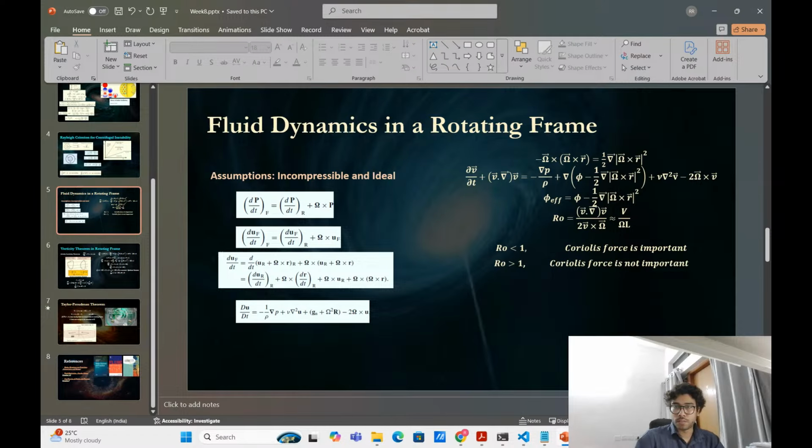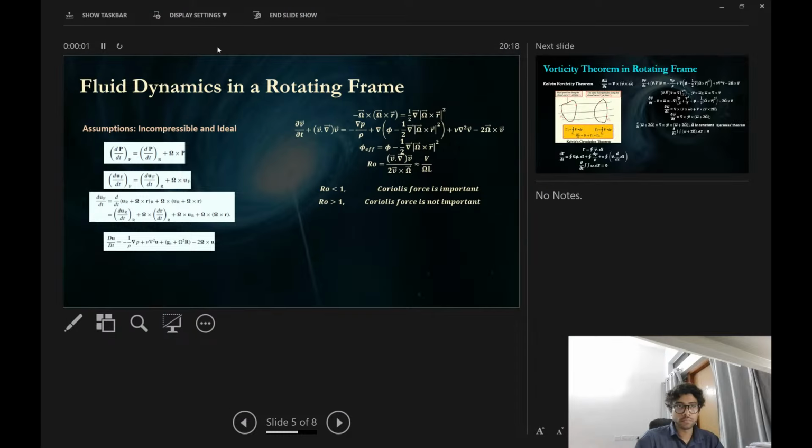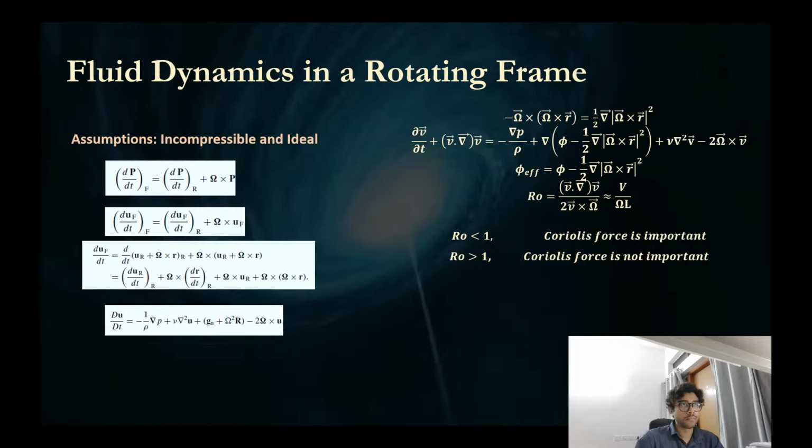All right. So now we saw that. Now we can replace this omega cross r with this term, and the thing that we get is this equation, which is just coming from the Euler equation.